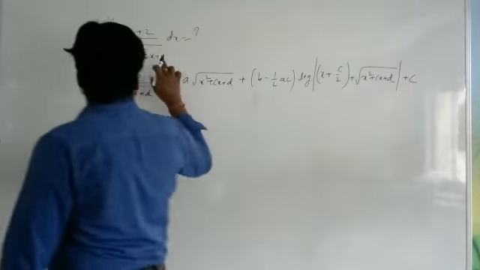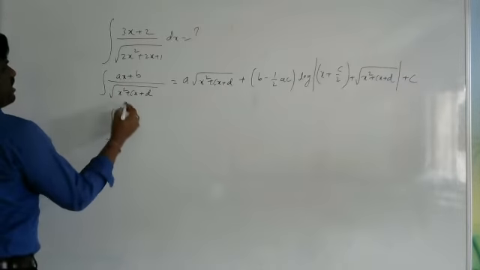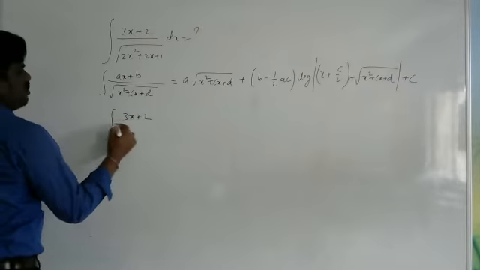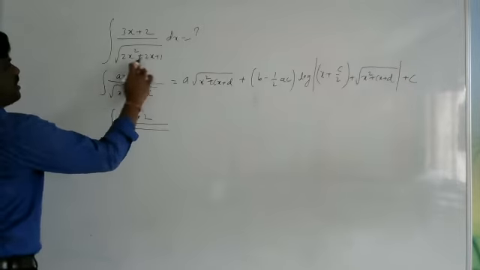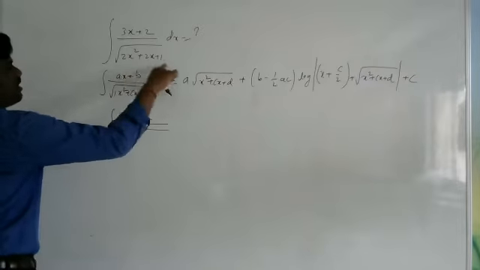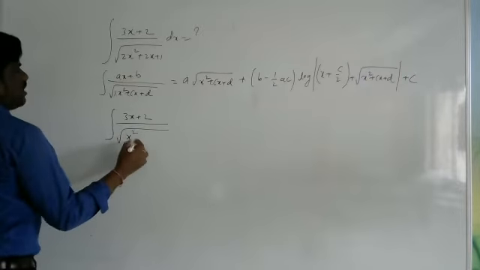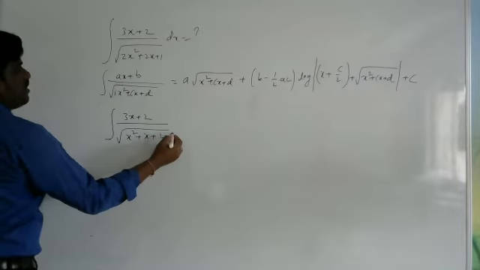Now this question is not in the same manner. What I do here: integration of (3x + 2) divided by this, I will divide by 2 because it should match with coefficient 1 here. So divide by 2, I get x² + x + half, dx.